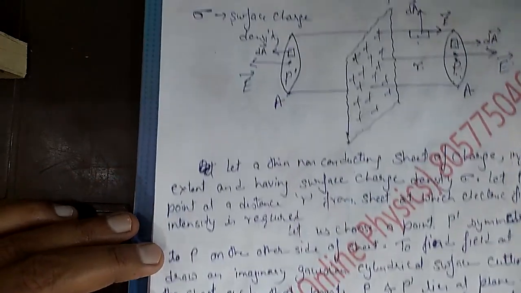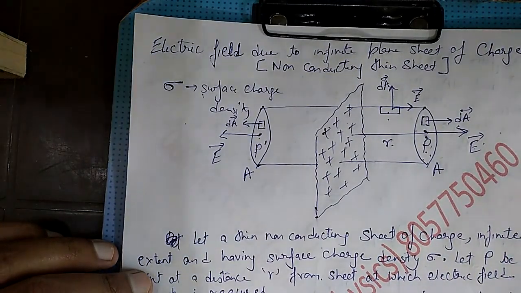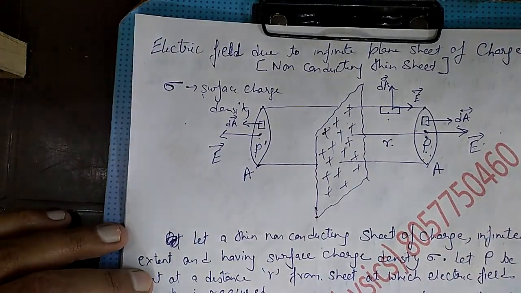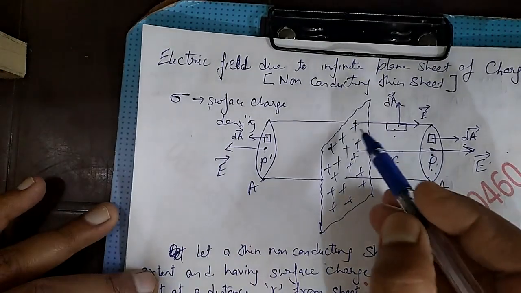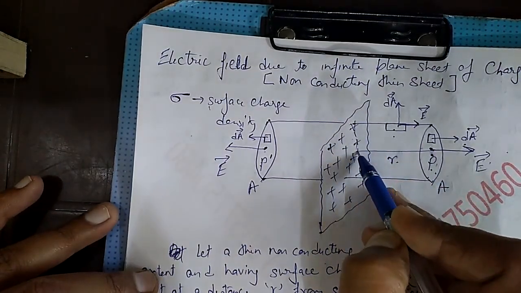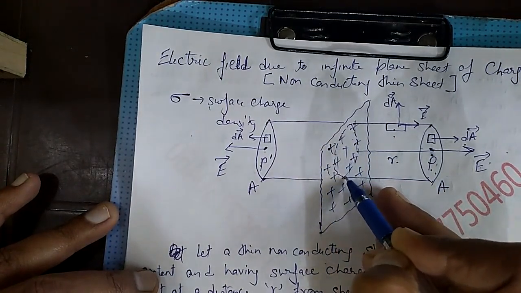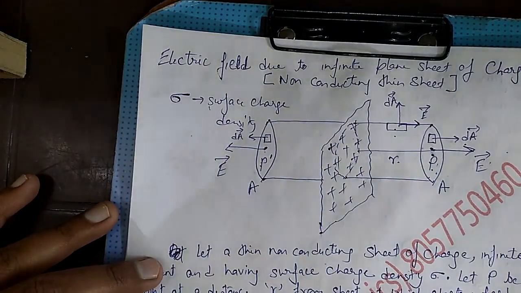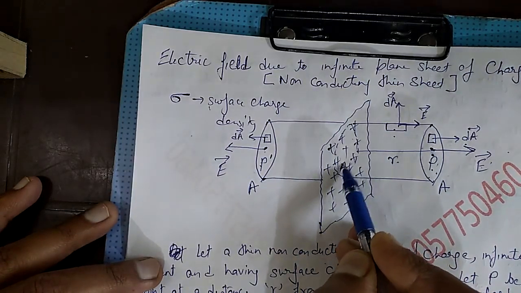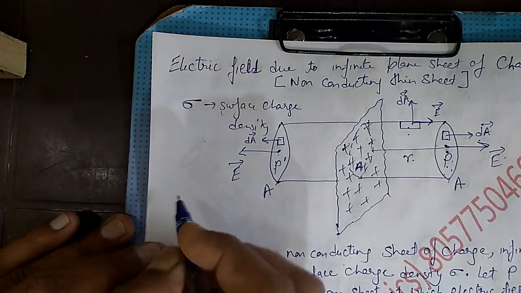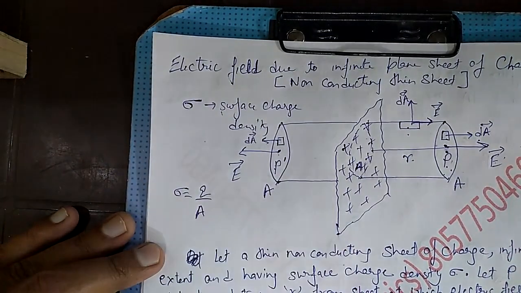Now here we have to apply Gauss theorem as well. So for that we need charge enclosed by this Gaussian cylinder. Now how to get that? First of all, we'll check the area of the sheet which is present within the cylinder, and this area is again capital A. Now here sigma is charge upon area.